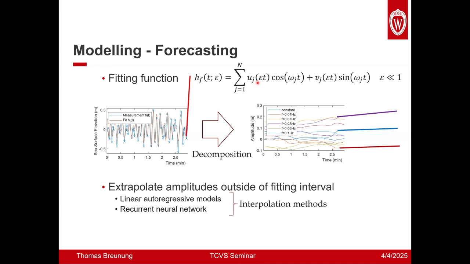However, if you look at what's done here, it seems much more promising to forecast these slowly varying amplitudes versus extrapolating here on the rapidly varying sea surface. And that's what we observe in our experimentation, that this decomposition into slowly varying amplitudes extends the extrapolation range of our data-driven methods.